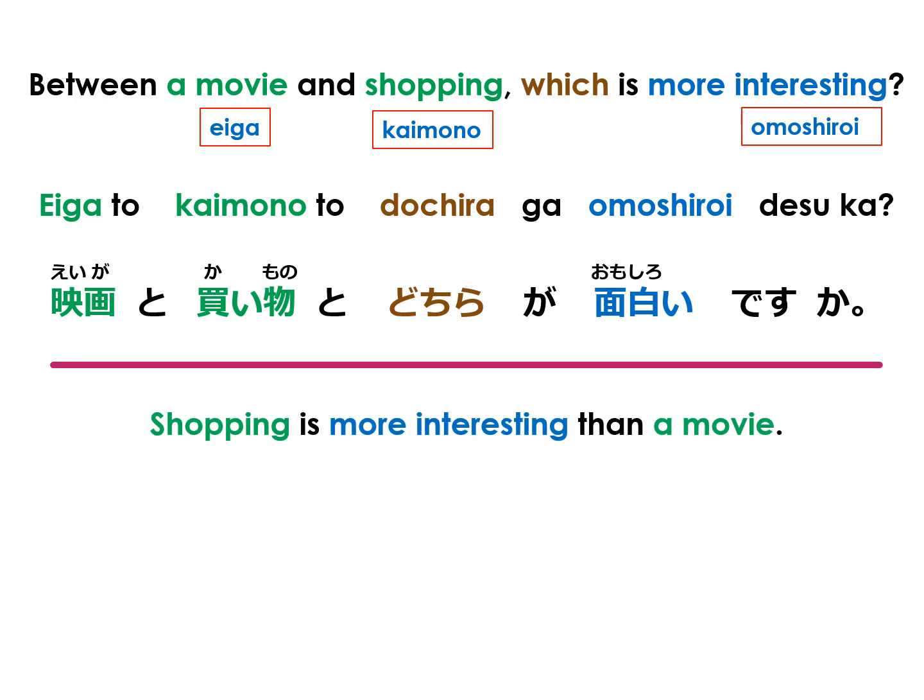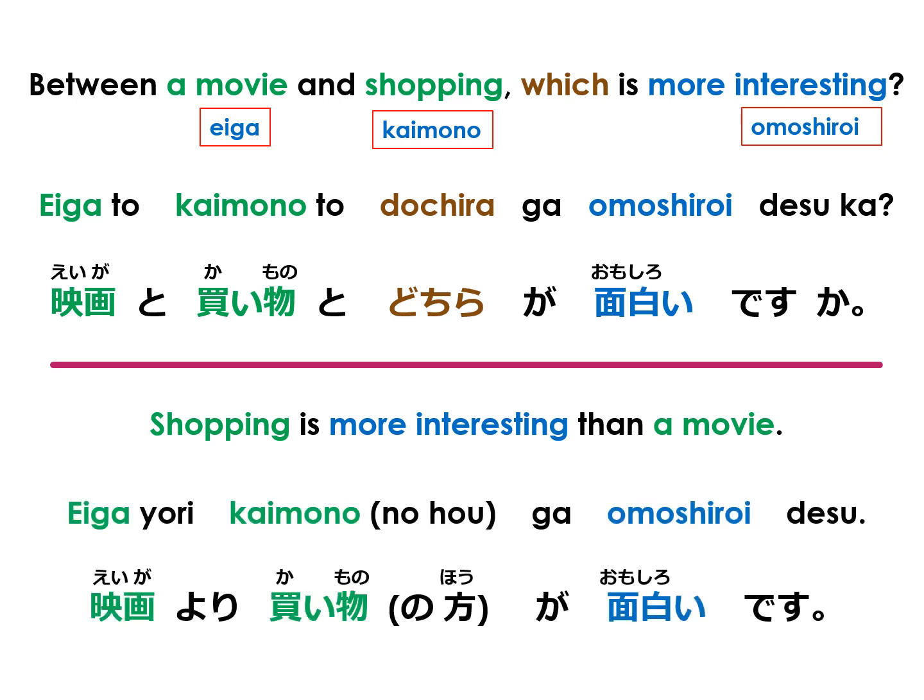Let's say shopping or 買い物 is more interesting than a movie. So in Japanese, we say 映画より買い物の方が面白いです, or 映画より買い物が面白いです.